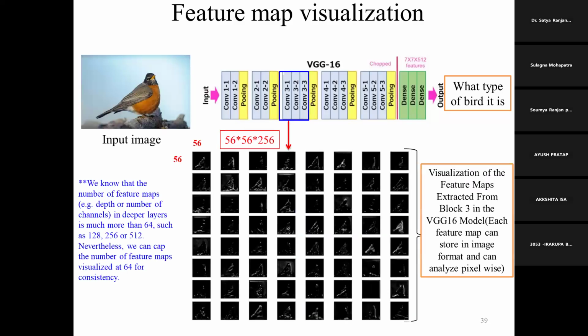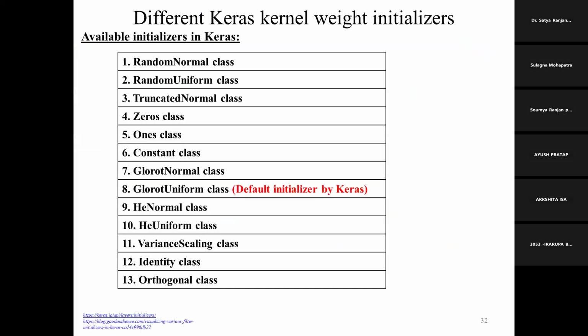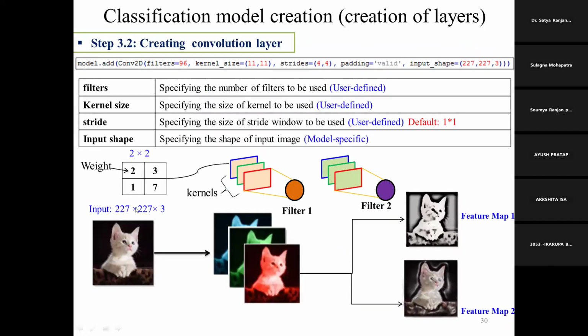Suppose you use your own weight initializers, like the truncated normal class or Glorot normal class. Then you are modifying these values, so when the operations happen on your image based on your pixels and your weights, the feature map appearance also changes.